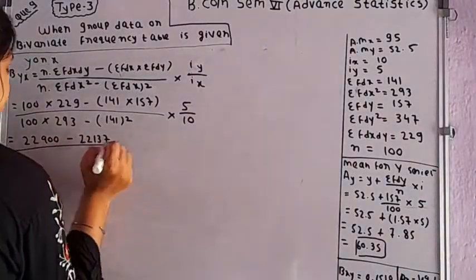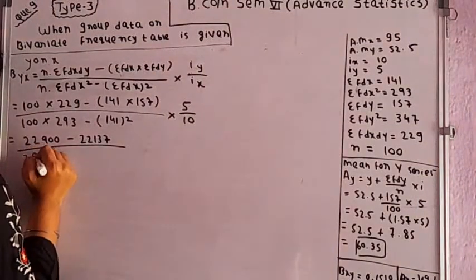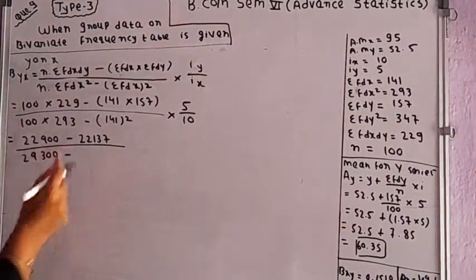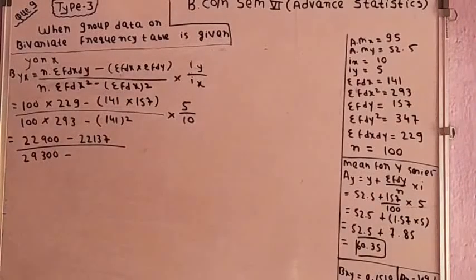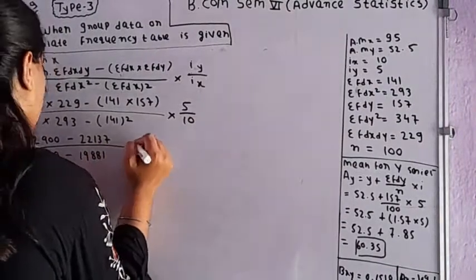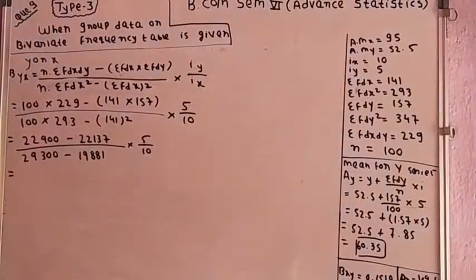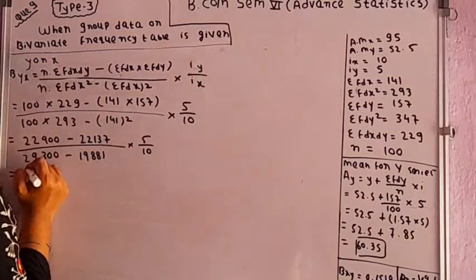After that, 100 into 293 is 29,300, minus 141 square, which is 19,881, into 5 by 10. Okay, 22,900 minus 22,137 comes to 763.